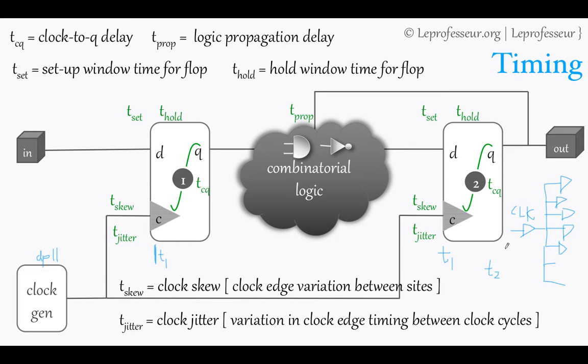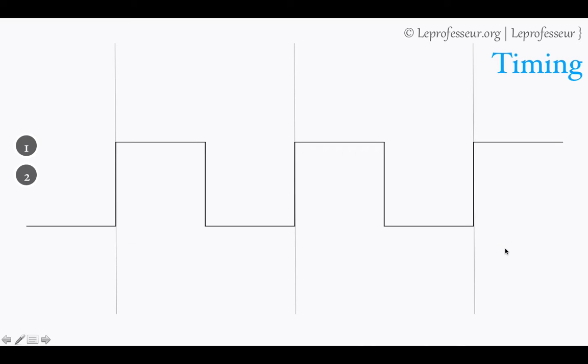So how to constrain, or what are the equations which will tell how much your clock period should be, which can satisfy all these delay requirements. Let's first understand what the setup and hold time are. Every flip-flop has a setup time. What does it mean?